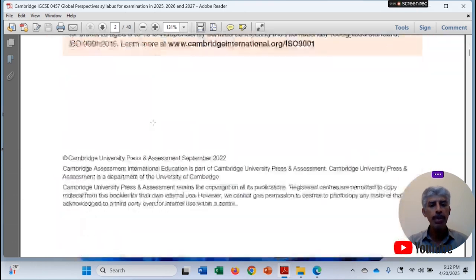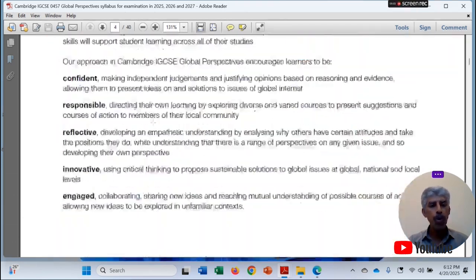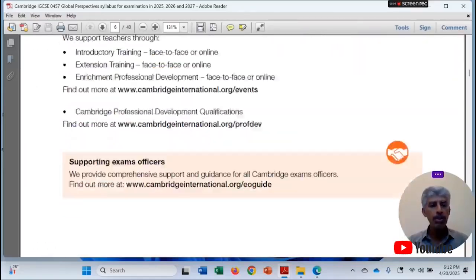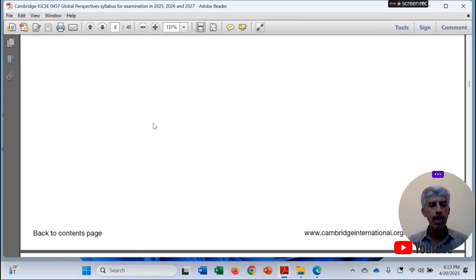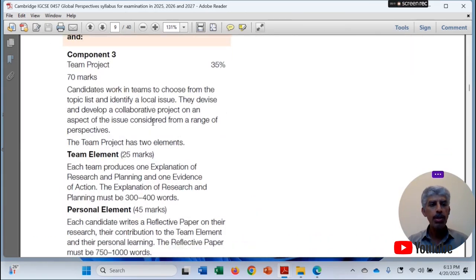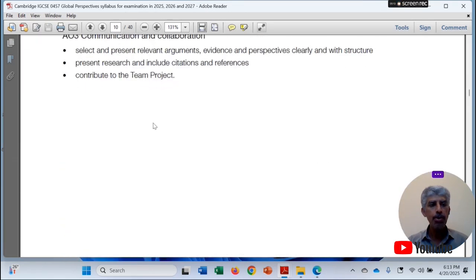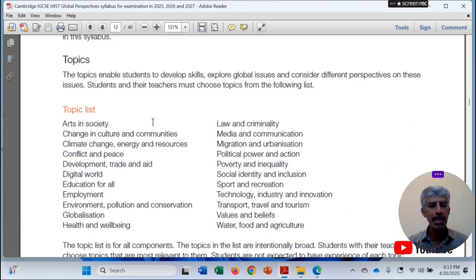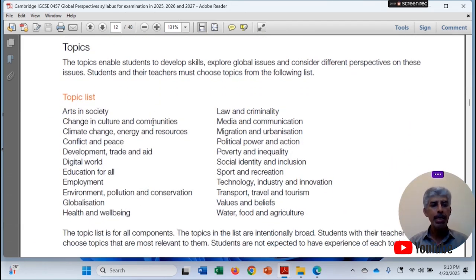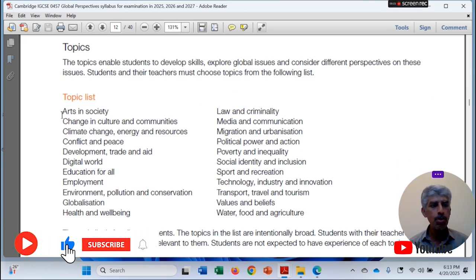If we go through this document, the syllabus for IGCSE 0457 Global Perspectives, and the same syllabus is for 2069, O-Levels Global Perspectives, and scroll down, there are the components, and here you will find those 22 topics. So here is the topic list.